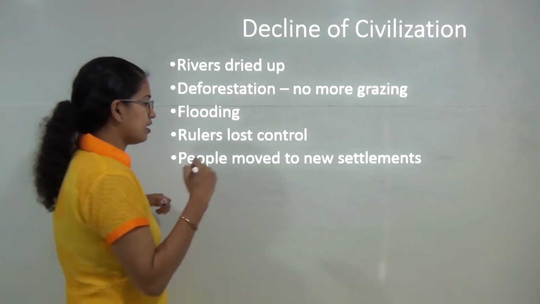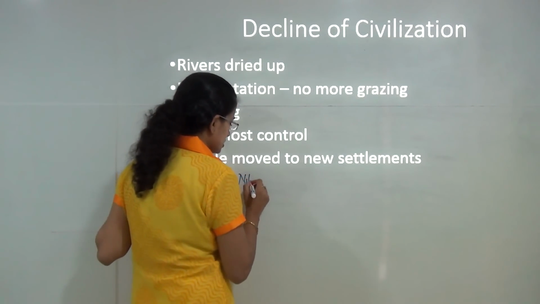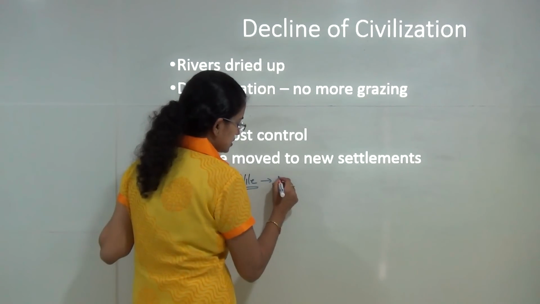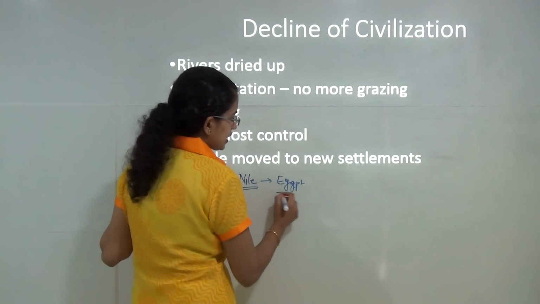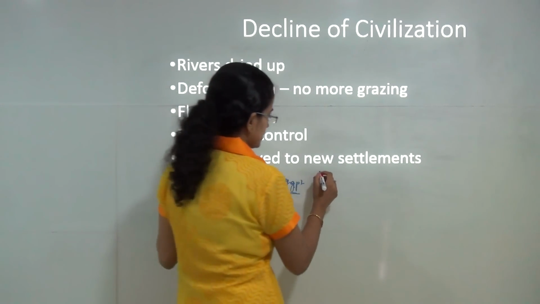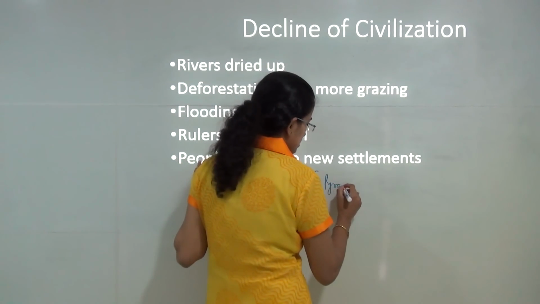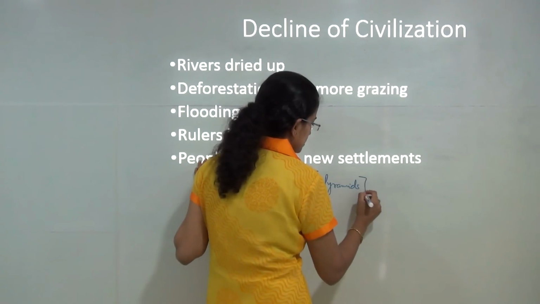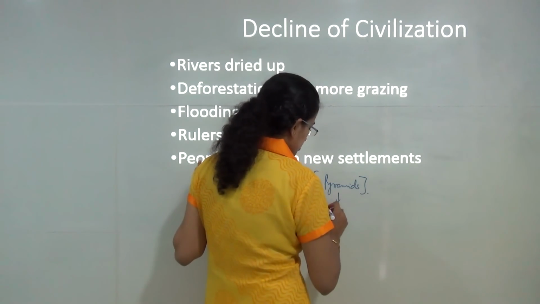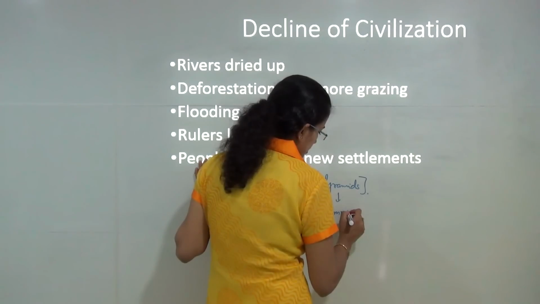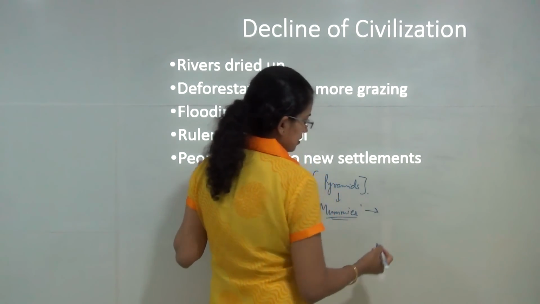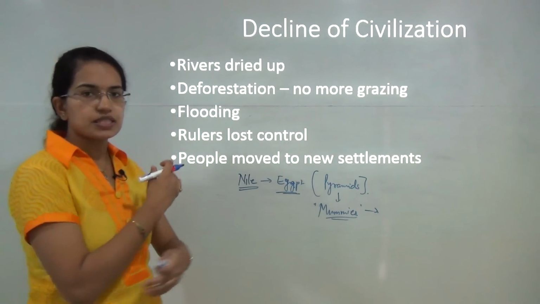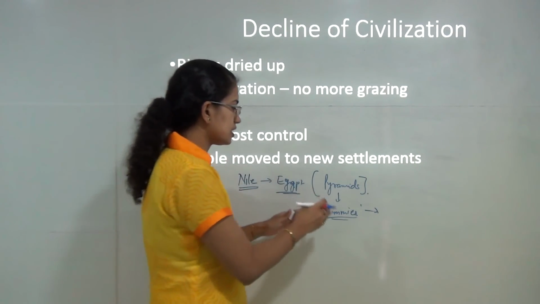Now, similar to the Harappa civilization, there was the Nile Valley civilization which flourished in Egypt. A specific characteristic of this Nile Valley civilization was the pyramids. In the pyramids, they used to preserve the dead bodies as mummies, and these dead bodies were preserved by some substance because of which they exist till date.